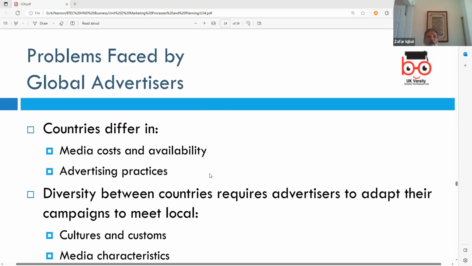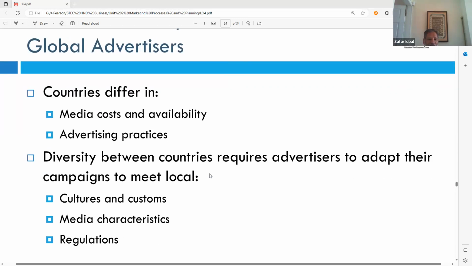There will be problems and issues in advertising internationally, because you need to select different advertising people and different advertising media, costs, availability, and the campaign, and you need to look at the laws, the culture, the regulations, the characteristics of people, customs, excises, people's behavior, and so on.